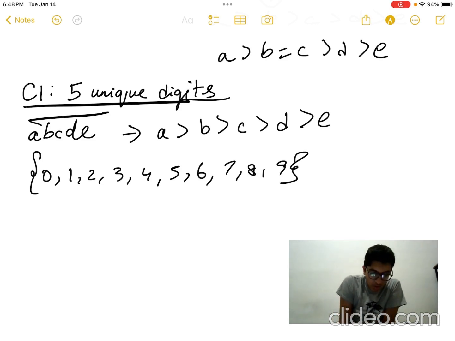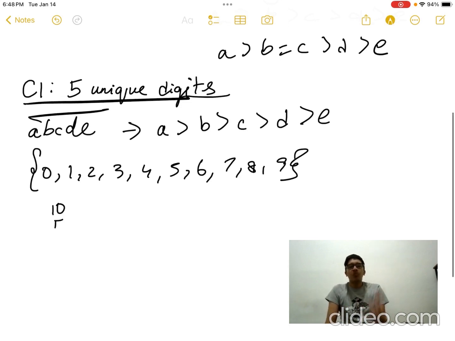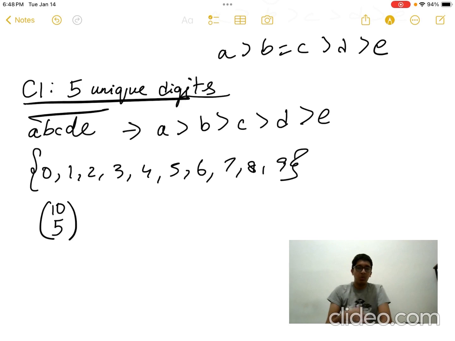So we have 10 choose 5 ways to choose five digits from the 10. And out of those combinations, there's only one ordering such that the five digits we selected are ordered from greatest to least.